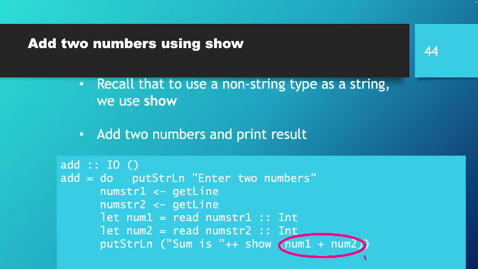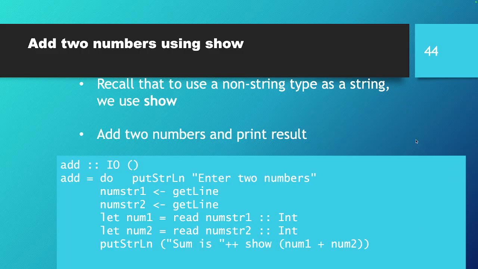So this is what we're going to do here. Great, we've added num1 and num2, but remember this needs to be a string, and you know in Java it can kind of figure out what's going on, but here we need to say this needs to be a string. So the show will make it into a string. Okay, so show will take any type if you've set it up like that, and it's automatically set up for most of the given types.